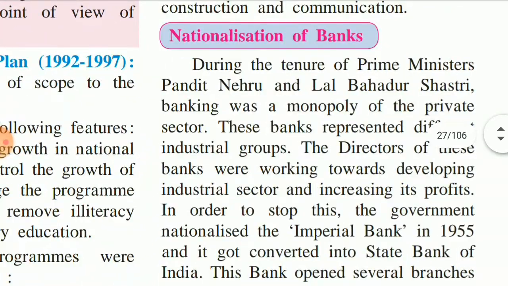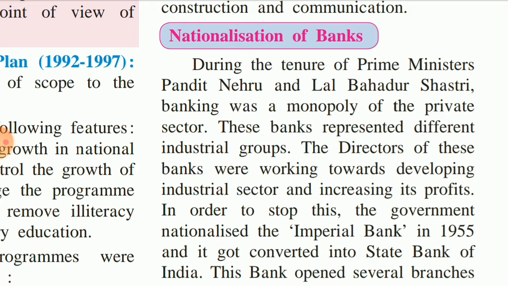During the tenure of Prime Minister Pandit Nehru and Lal Bahadur Shastri, banking was a monopoly of the private sector. Only private industrialists could hold the banks, and all the profit made by the banks was distributed among these industrialists, or they put this money in their industries.